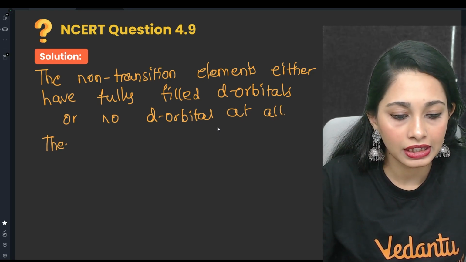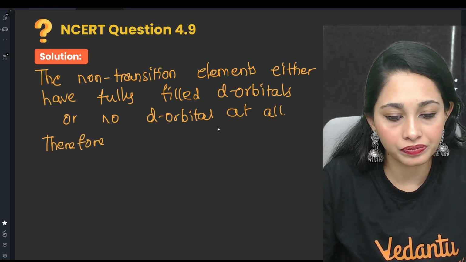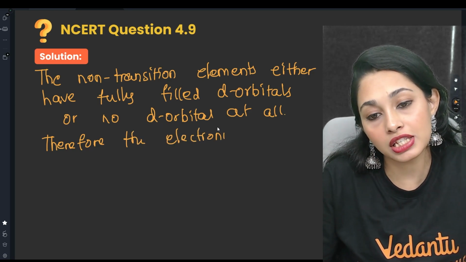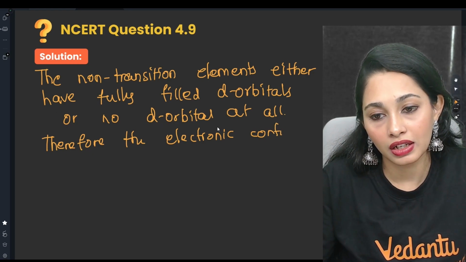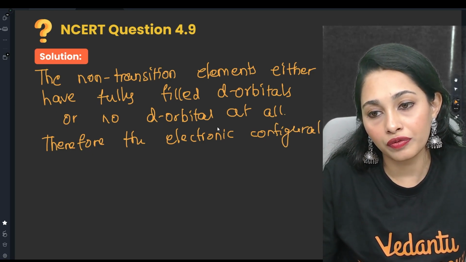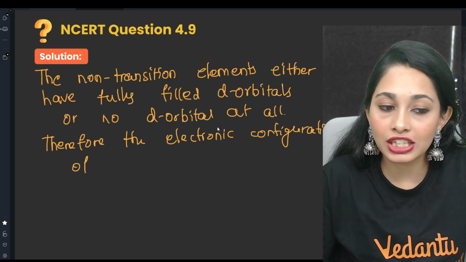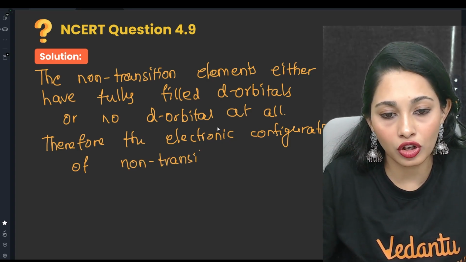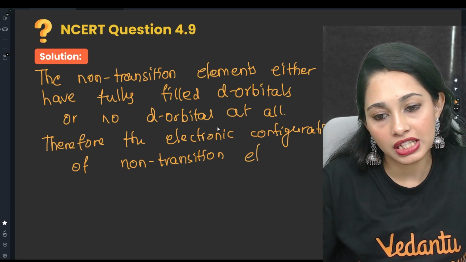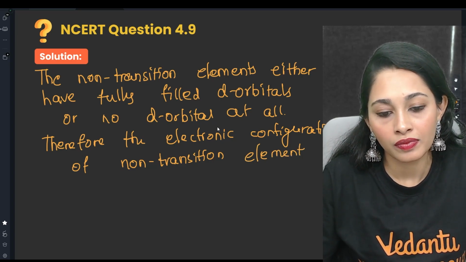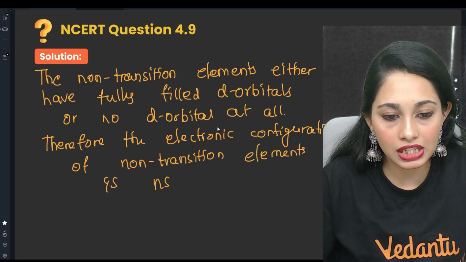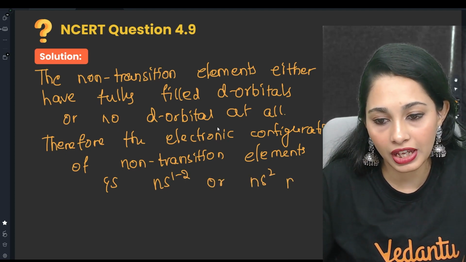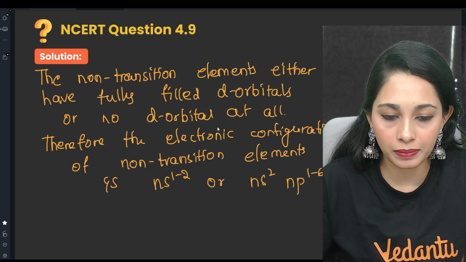Therefore, the configuration of non-transition elements is ns1 to 2 or ns2 np1 to 6.